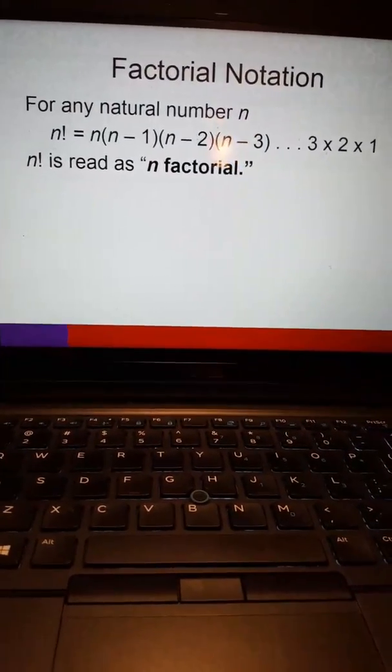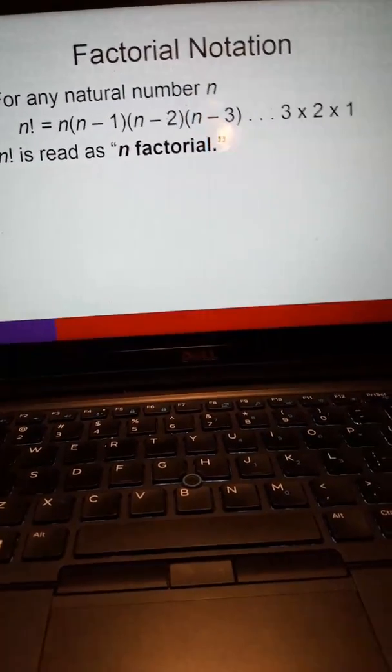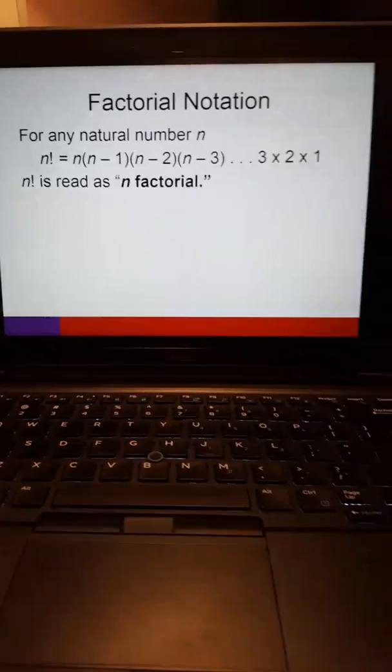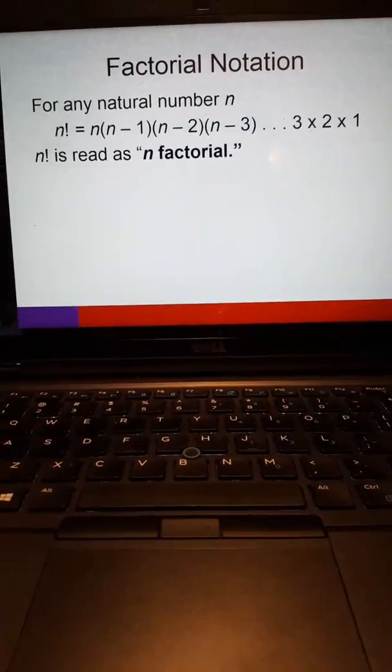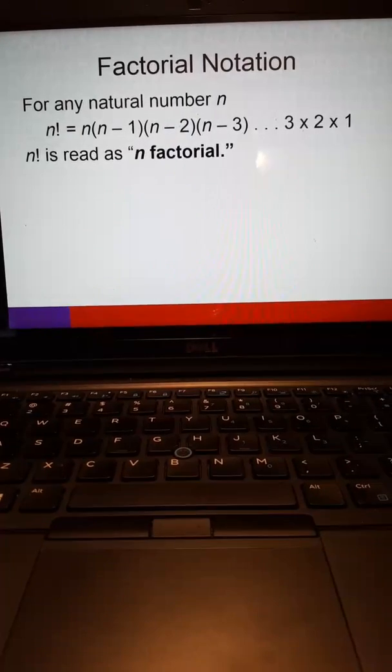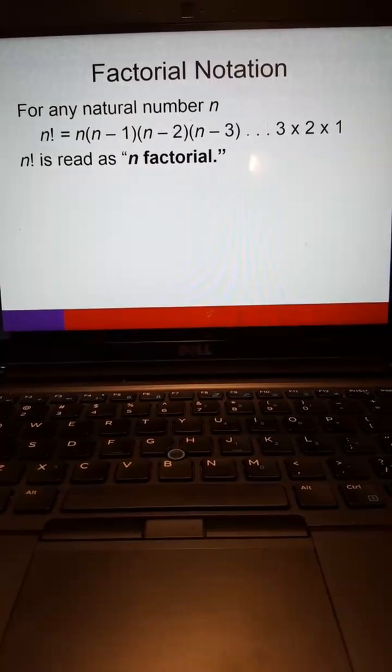All right, so next we're going to talk about factorial notation. I don't know if you guys have ever seen an exclamation point after a number, but that's what we call factorial.